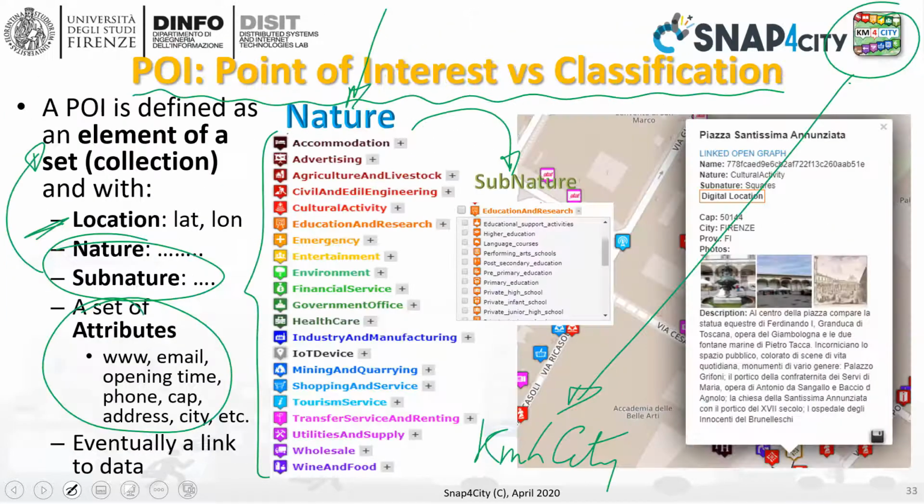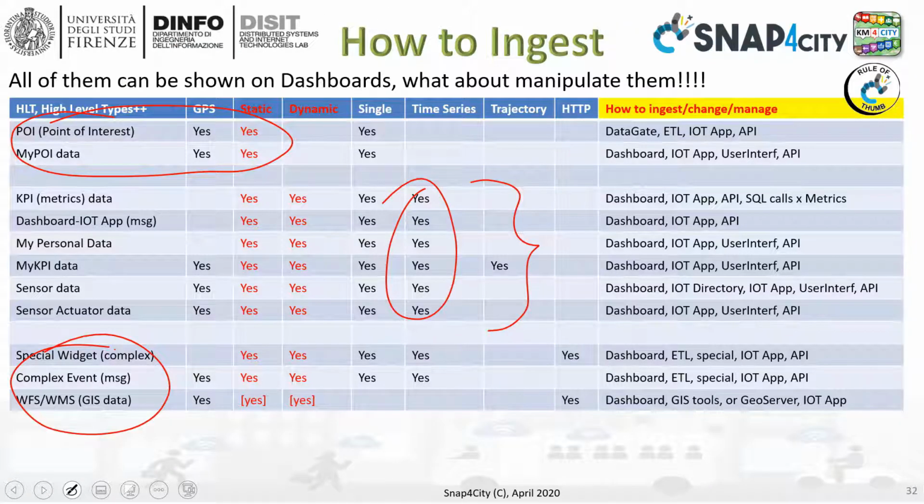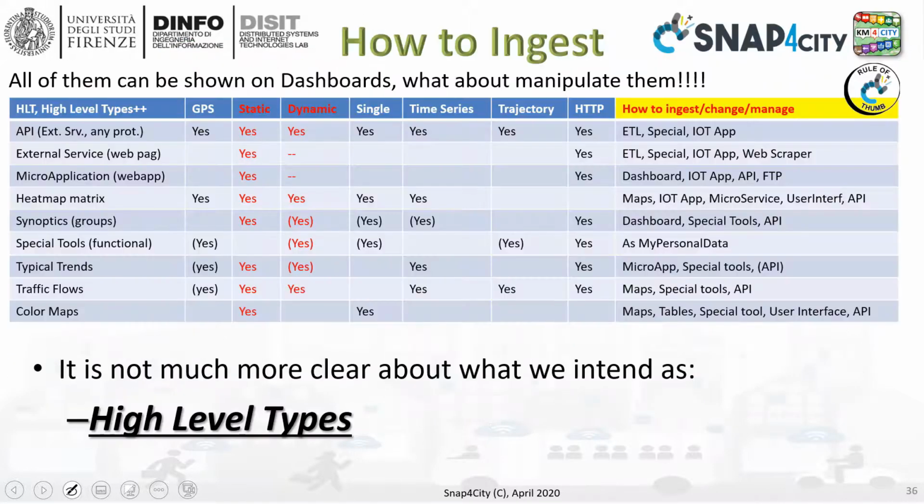At the beginning, we started addressing only the real-time and static and dynamic values. We are now talking of more complex high-level types, like calls to APIs, calls to external services, calls to microapplications, matrices related to heat maps, synoptics, specific tools such as traffic flow reconstruction or typical trends for some variables, traffic flows, color maps, etc.